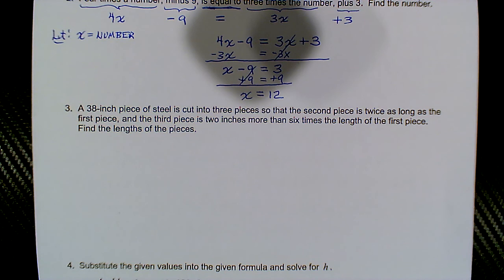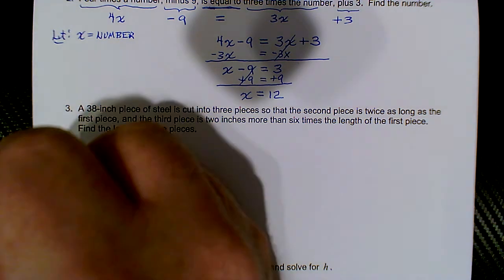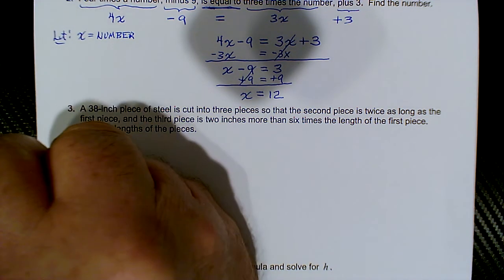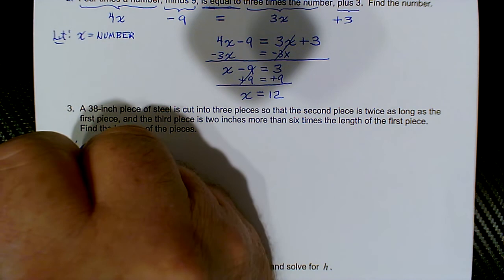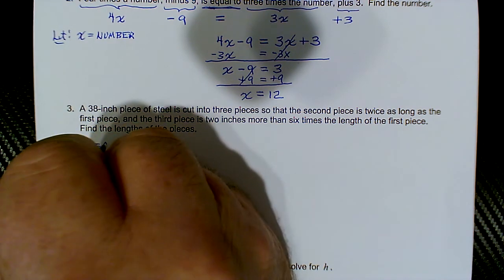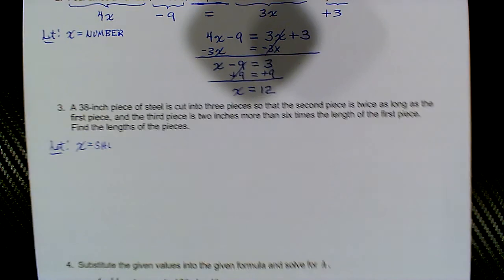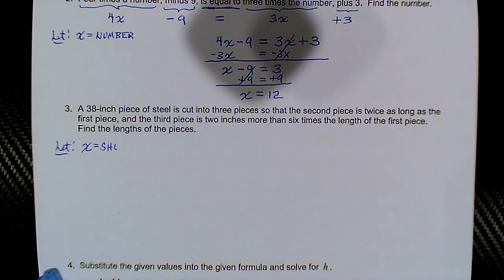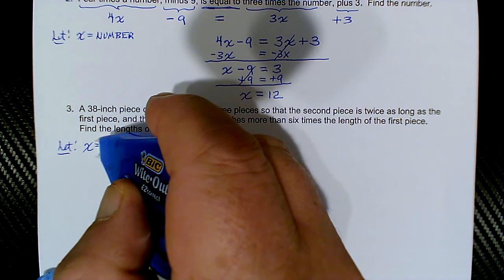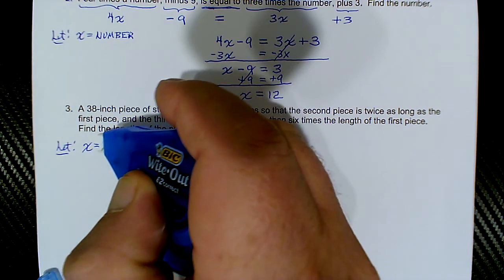First off, what you always want to do is let x equal the first piece, or typically it's going to be the shorter piece, okay? But we'll just say let x equal the first piece.